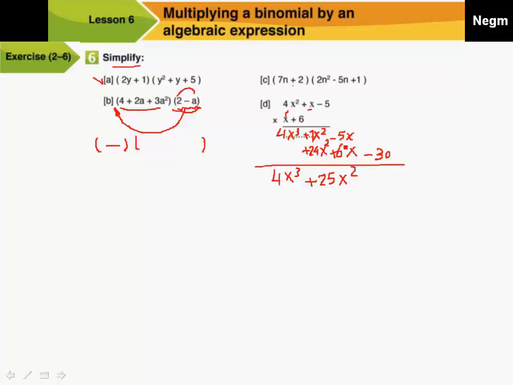Both numbers have different signs, so we have subtraction. 6 minus 5 is 1. 6 is bigger than 5 and has a plus sign, so we will take the plus sign and x. But this is plus 1x. We don't write 1. We write plus x only. And this is minus 30. This is the final solution.